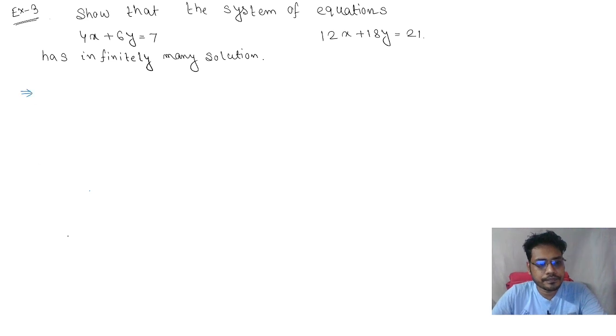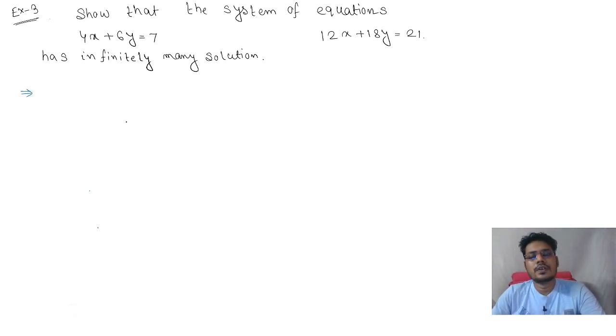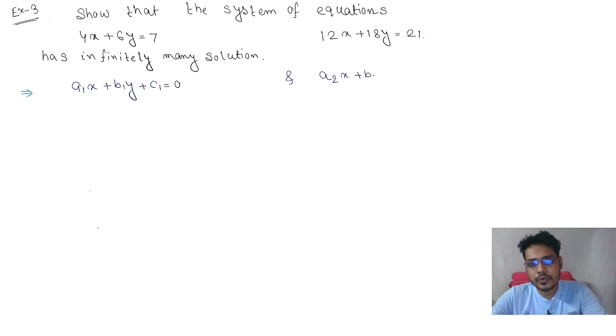So here you have to write in this form: a1x plus b1y plus c1 is equal to 0, and a2x plus b2y plus c2 will be equal to 0.